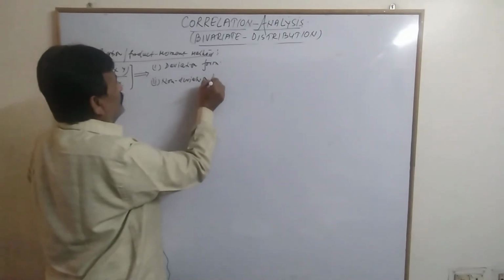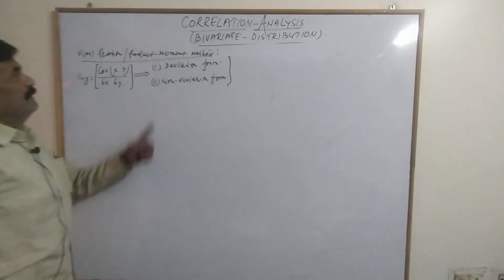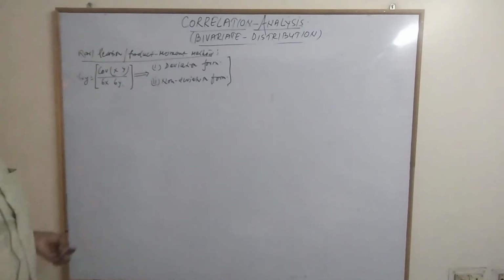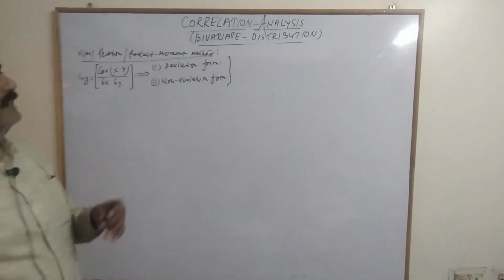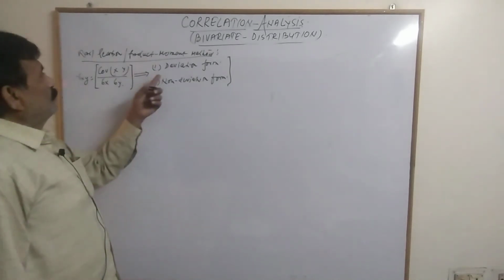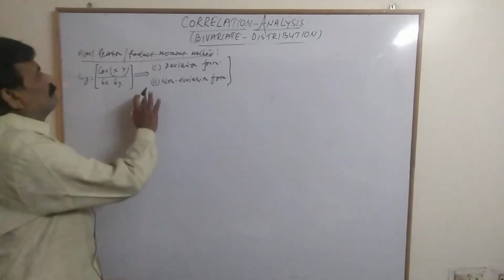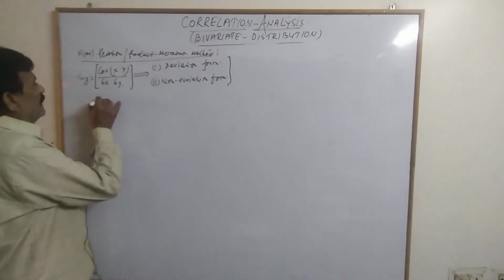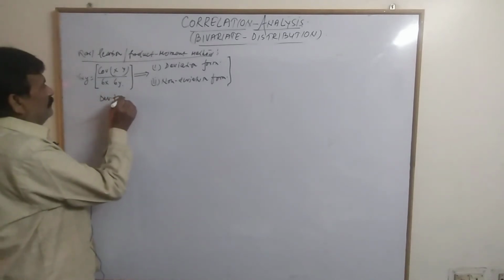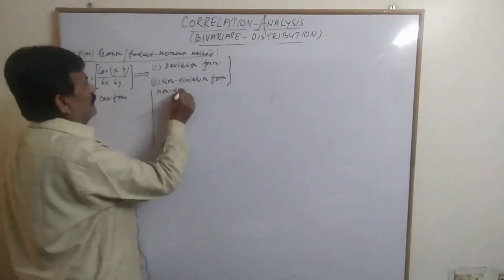So mathematically no difference between these 2 forms of Karl-Pearson. Just for our own comfort and swiftness, we have found out 2 forms of this Karl-Pearson. Here I am writing deviation form, and here I am writing non-deviation form.